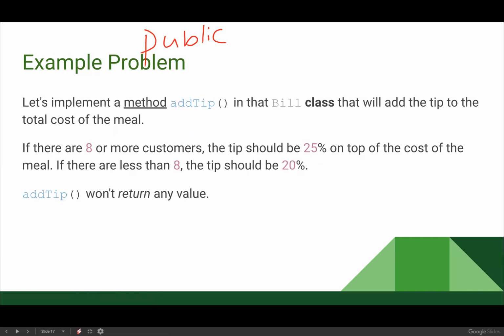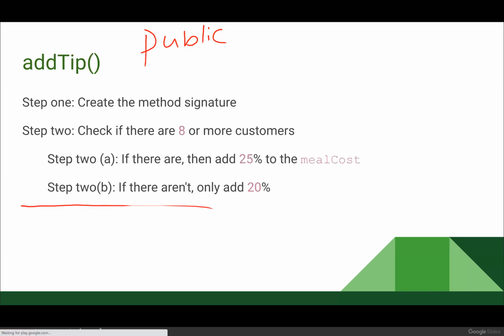Back to this slide. What did we say our return value was going to be? Double? I mean, void, right? Void. It's going to be void because we're not going to return a value.